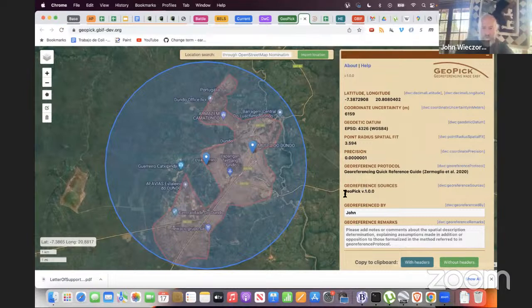I don't need to put Geopic because that's already been added for me by Geopic, but I would say assumed that Dundo was the area on the satellite image where there were buildings. And I would save it like that. So that's my assumption about how I made my polygon. So that's one way to do it.